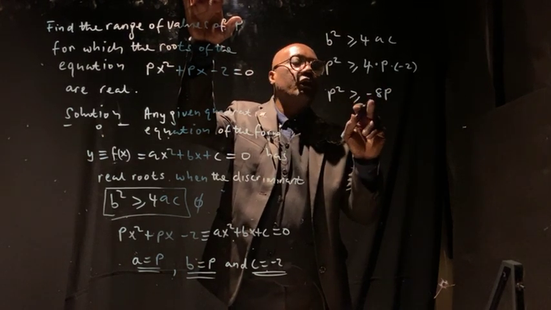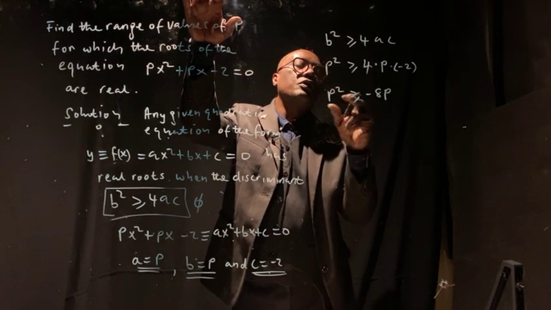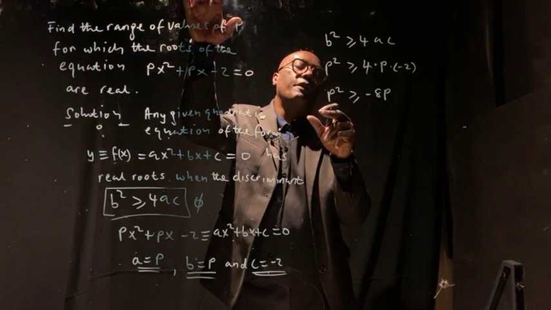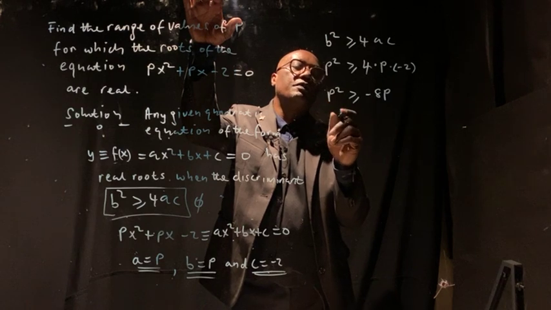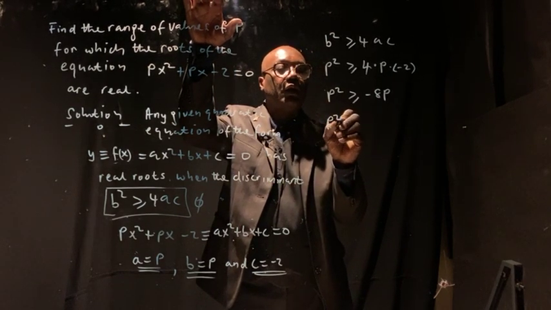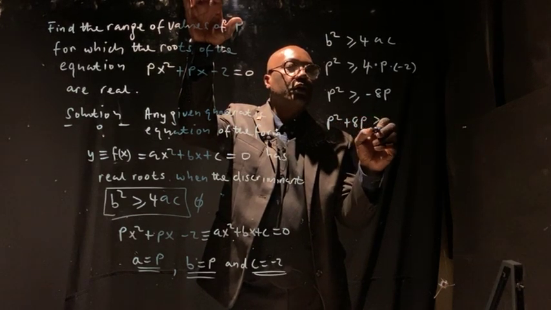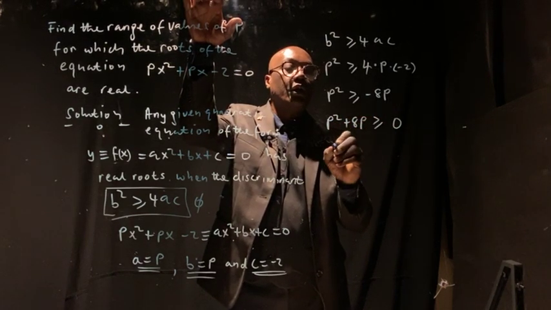We can bring this one to the left hand side. It is negative at the right hand side; once it crosses over the border, it becomes positive. Under such condition, we have p squared plus 8p is greater or equal to 0.